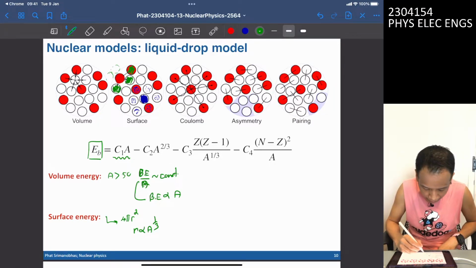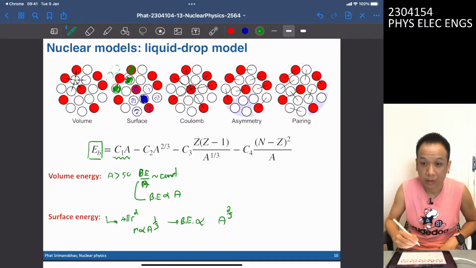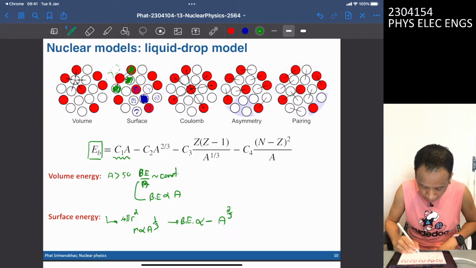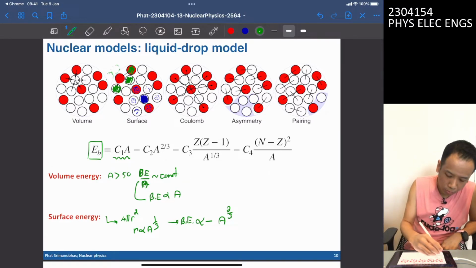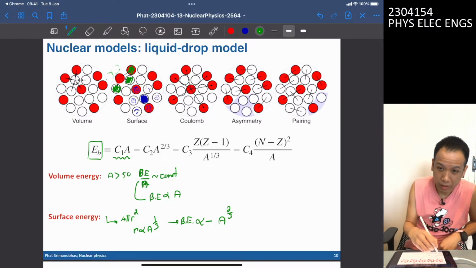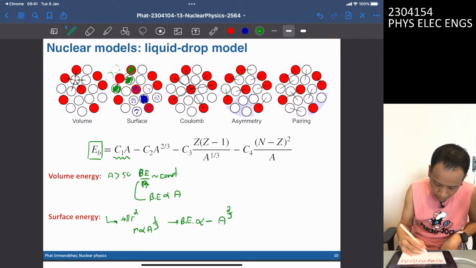So it means that this binding energy depends on A to the 2/3, and it needs to be negative because the volume energy is overestimated because of the surface. The surface nucleons have fewer nucleons to talk to. So we get this term.